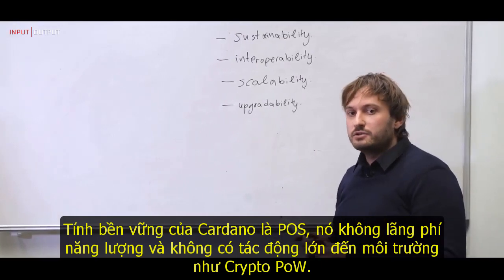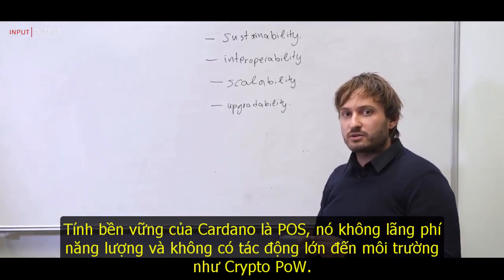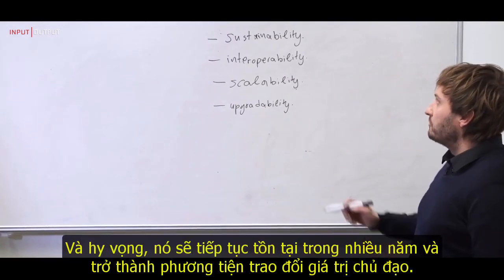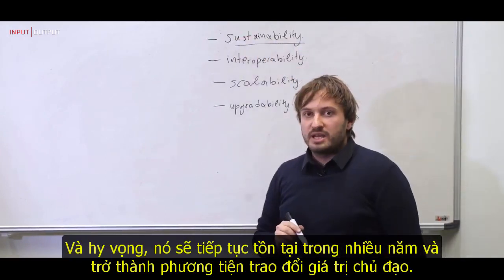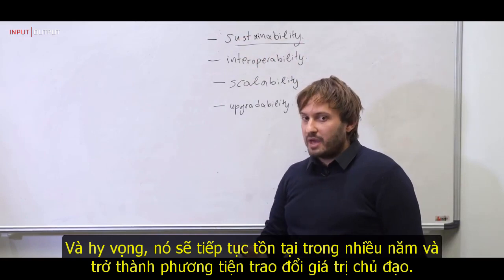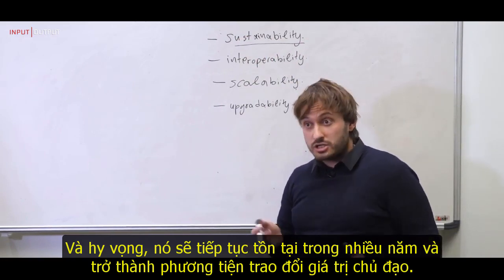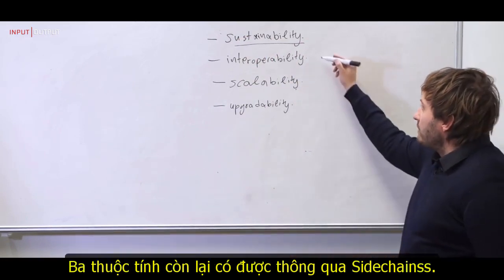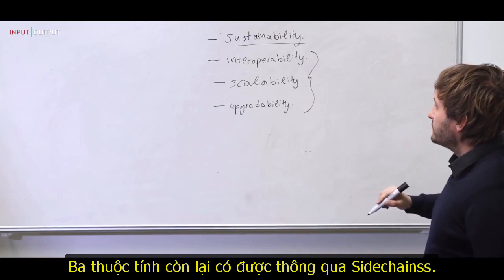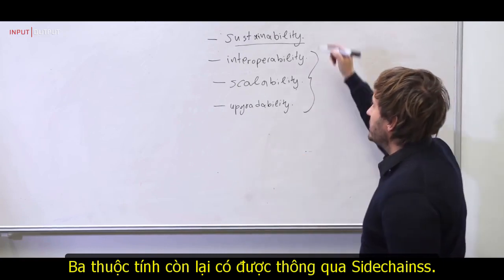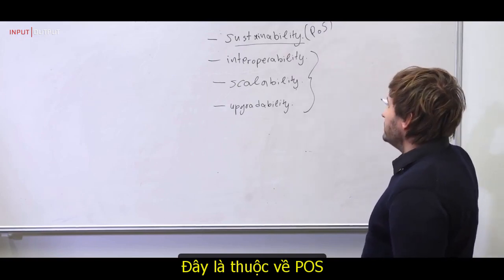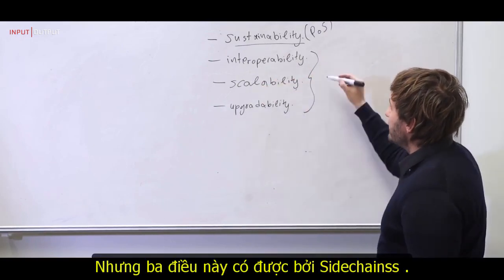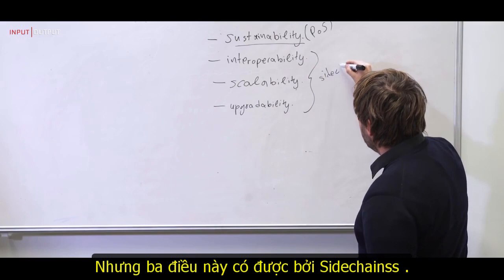It doesn't have the huge impact on the environment that work-based cryptocurrencies have, and hopefully it's something that can continue to live on for many, many years and become a mainstream means of value exchange. The other 3 properties are the thing that is enabled by sidechains. So this is a proof of stake idea, but these 3 things are sidechains enabled.